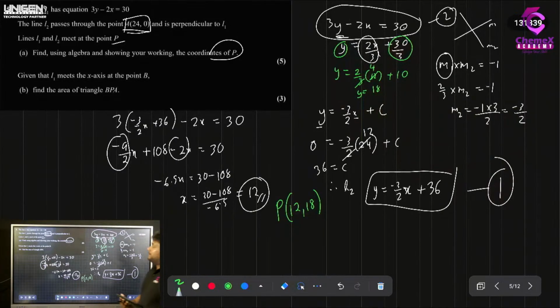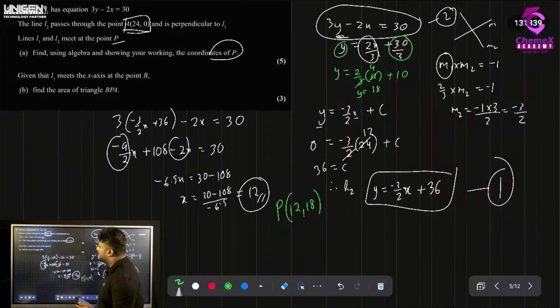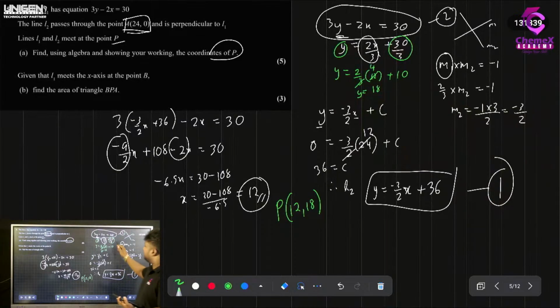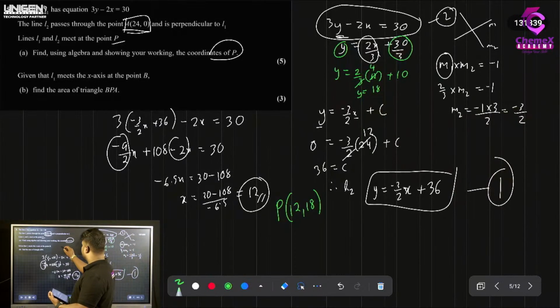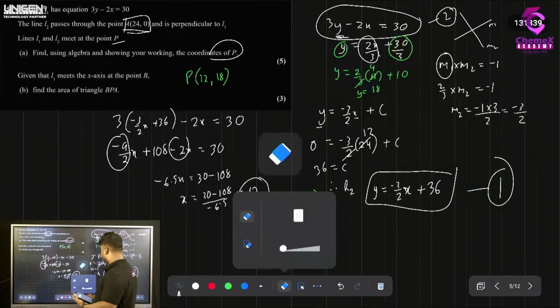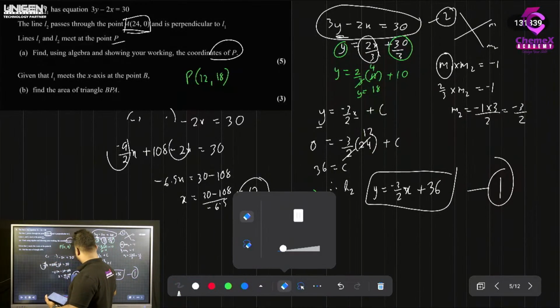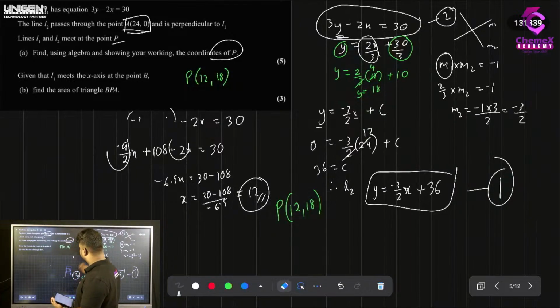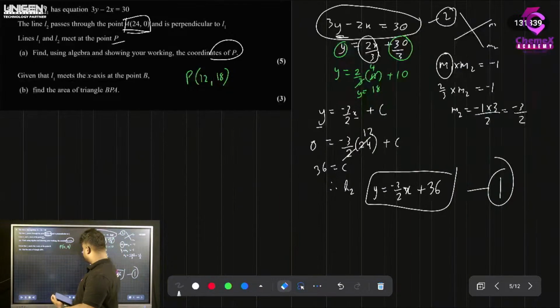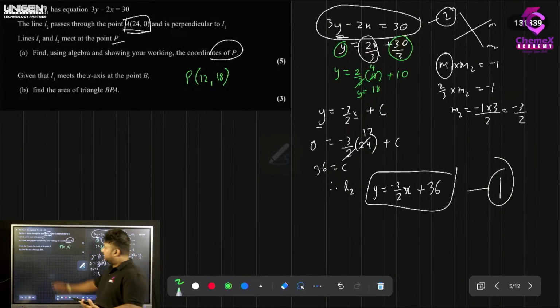Then let's go into the B part of the question. Given that L1 meets the x-axis at B, find the area. L1 is the first equation. So L1 cutting the x-axis is at B. Let's keep P written somewhere: P coordinate is 12, 18.